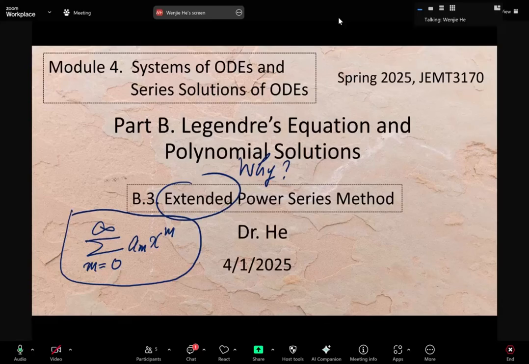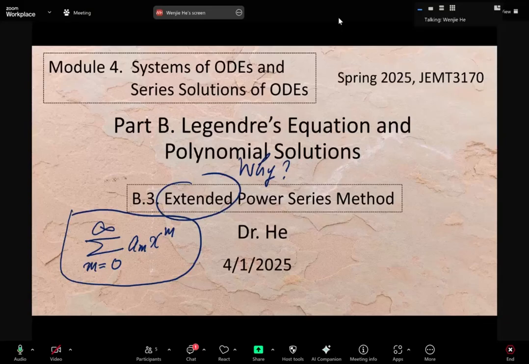The second time, exact ODEs. We need to check the exactness condition, but many times the exactness condition is not satisfied. There, we need to find an appropriate integrating factor to extend it, to make it an exact ODE. That's our second time. Now the third time, the extended power series method.